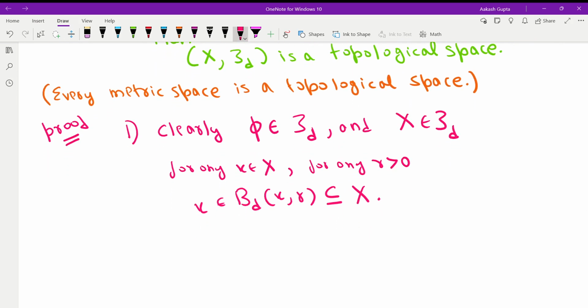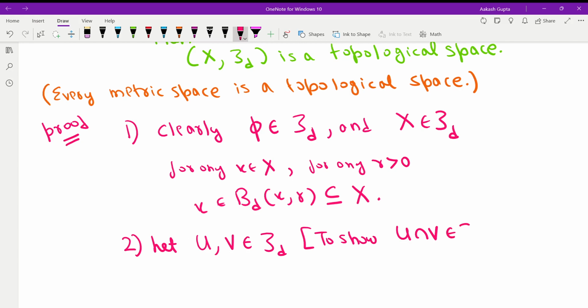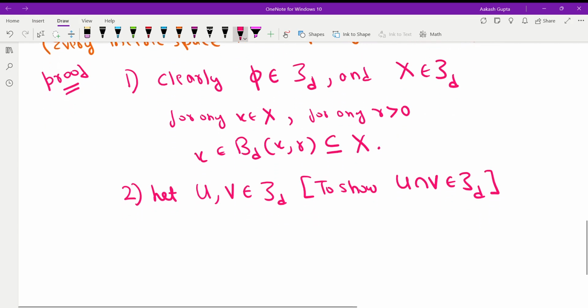Next, what do we have to show? If you recall the definition of topology, it is closed under finite union, so it is sufficient to show it for 2. Let U, V belong to tau d. I need to show U intersection V is also inside tau d.